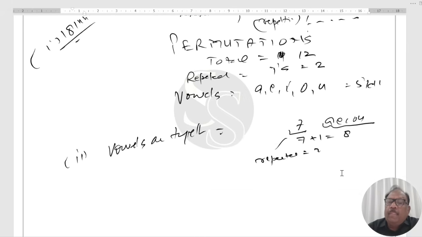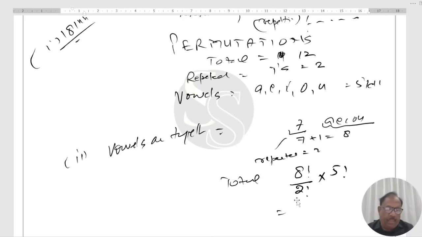So total will be 8 factorial divided by 2 factorial, into factorial 5, since these can be arranged in 5 factorial ways. On simplification, we get the answer 2419200. This is the answer, right?